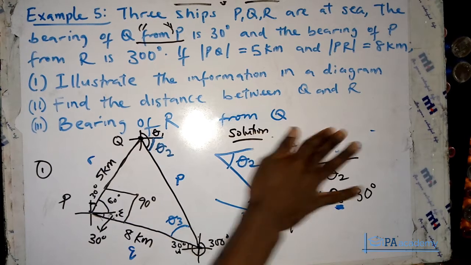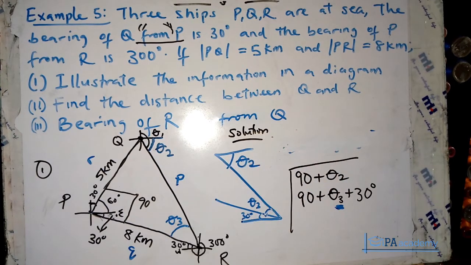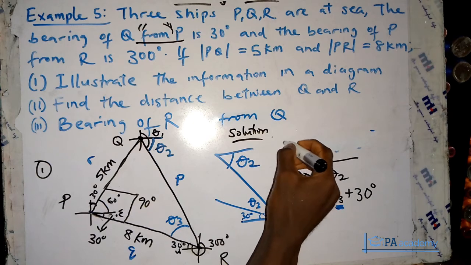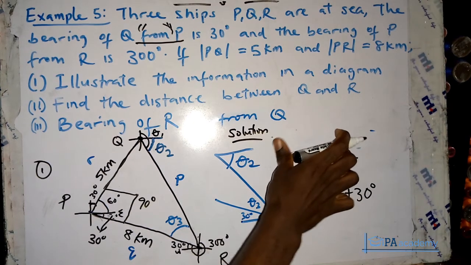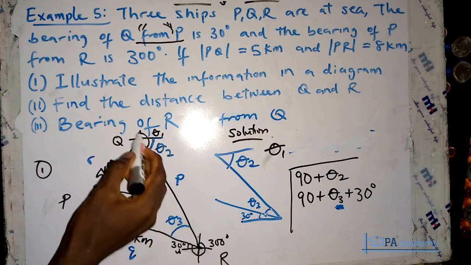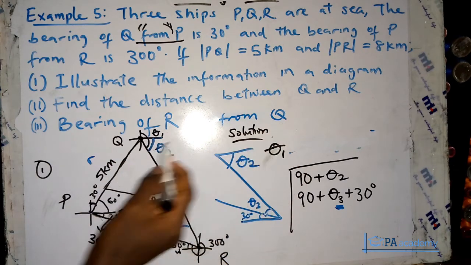So let me bring this up a bit so that we can have space to start solving. Theta 1, which is the bearing of R from Q, is theta 1.